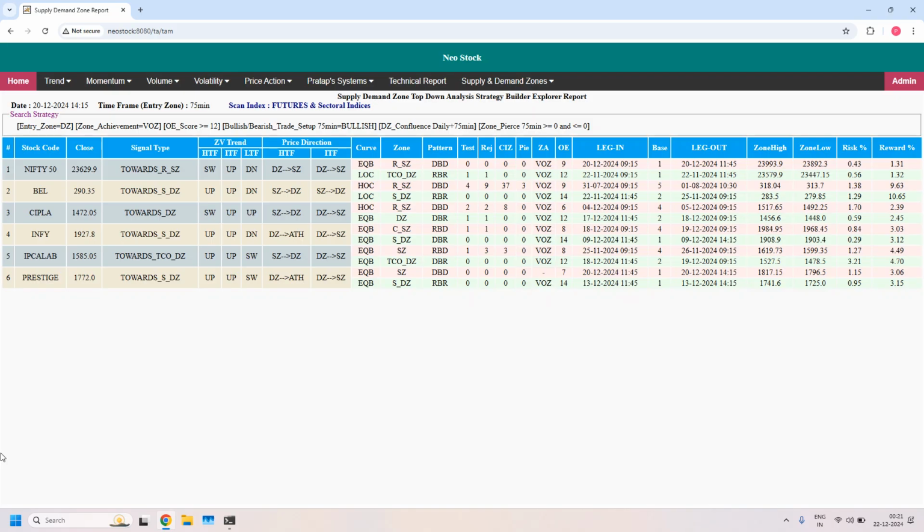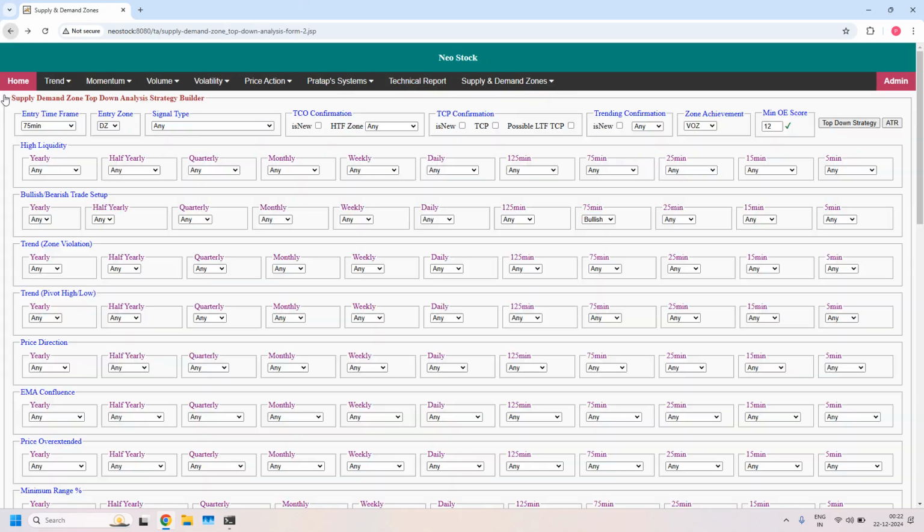In all these 6 stocks, these 75 minutes demand zones are part of the daily demand zone. If the daily demand zone is having daily EMA confluence, those stocks could be even more high probability trade setup supported stocks. Let's verify.